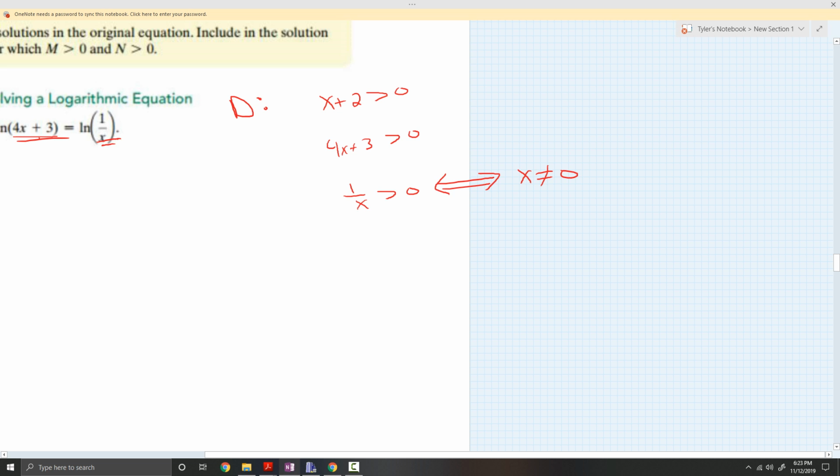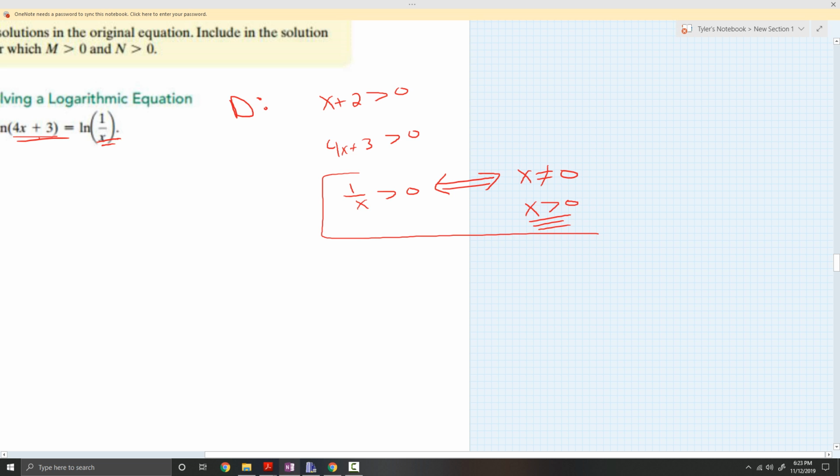But if I plug in any other number into this, it can't be negative, because if I take 1 divided by a negative number, that's going to be less than 0. So x has to be bigger than 0 in this case. As long as x is positive, we're good.